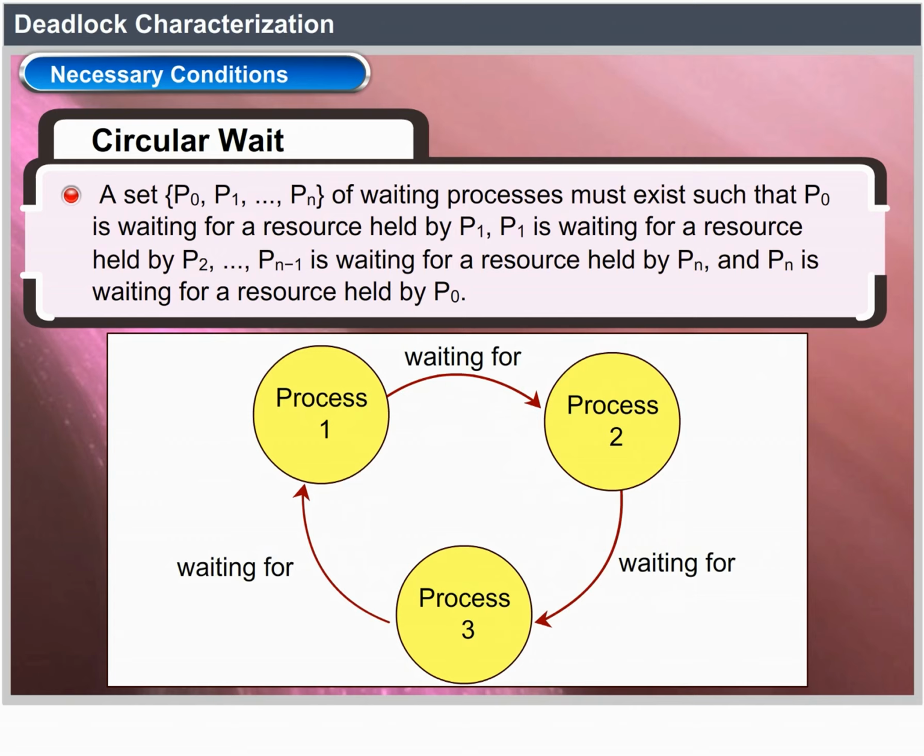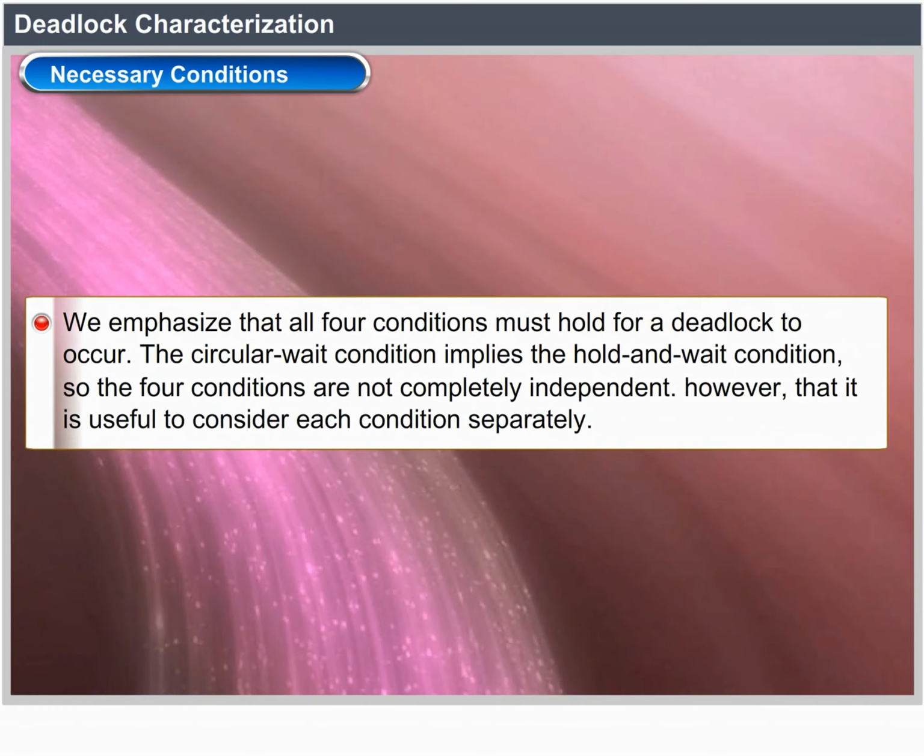Pn minus 1 is waiting for a resource held by Pn, and Pn is waiting for a resource held by P0. We emphasize that all 4 conditions must hold for a deadlock to occur. The circular wait condition implies the hold and wait condition, so the 4 conditions are not completely independent. However, it is useful to consider each condition separately.